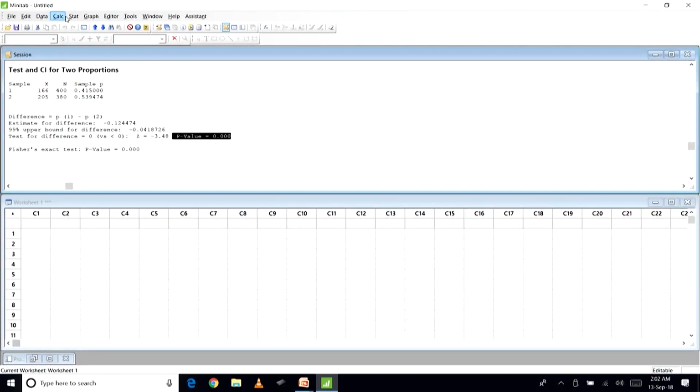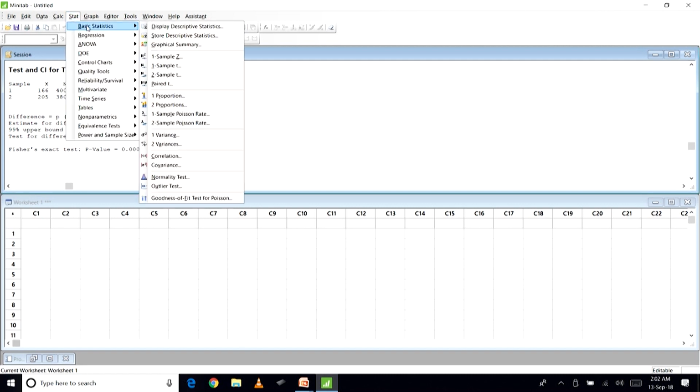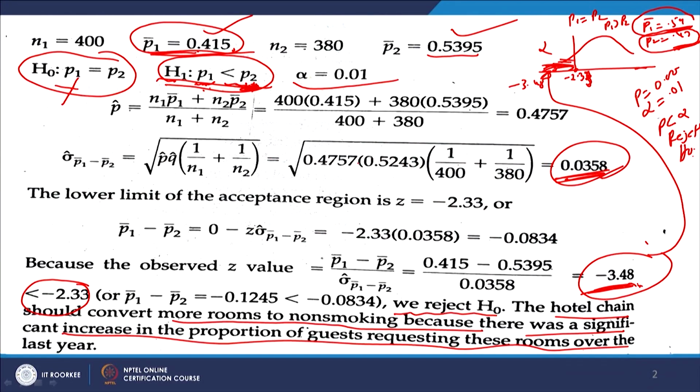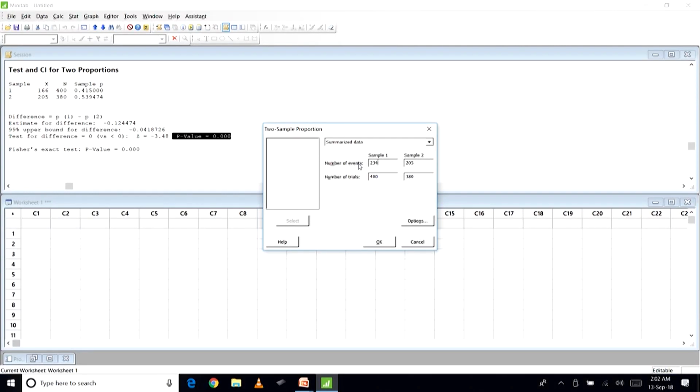So, we will go to Stat, Basic Statistics, 2 Proportions. The number of events would be just 400 into 0.59, so this is 234. Similarly, in the second case it is 175.